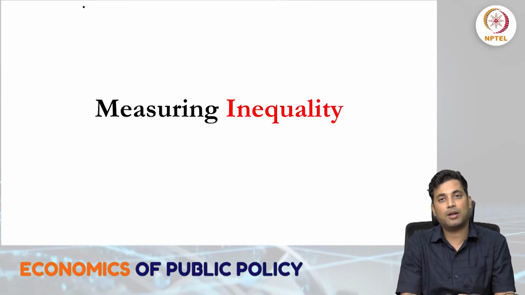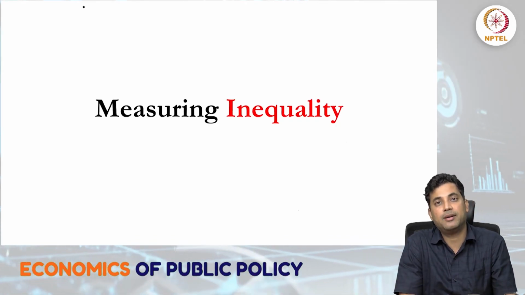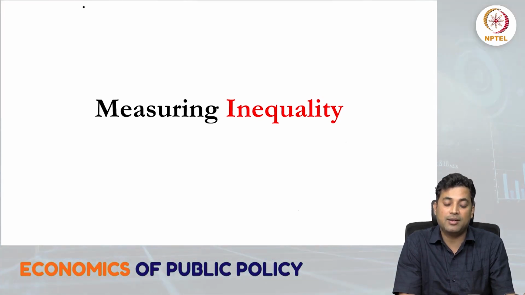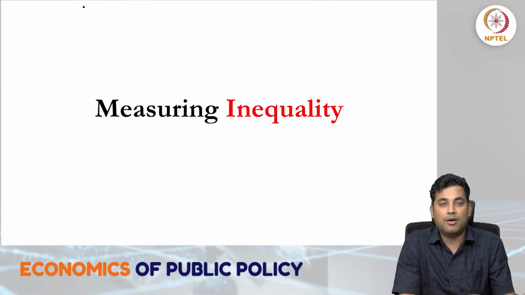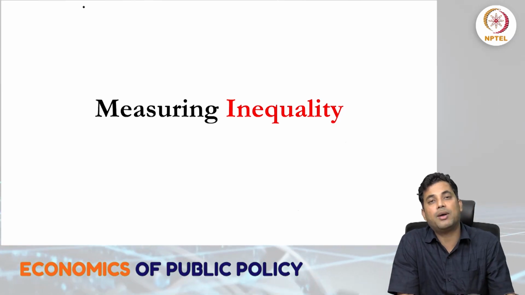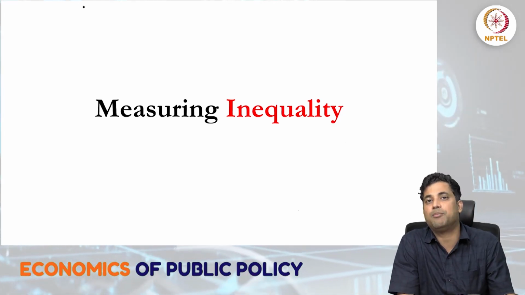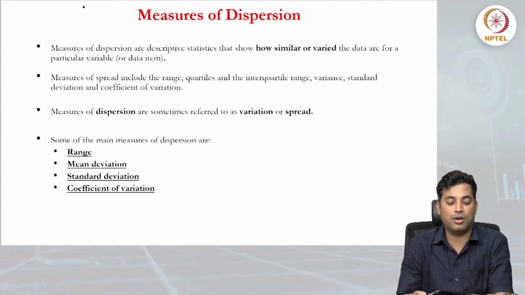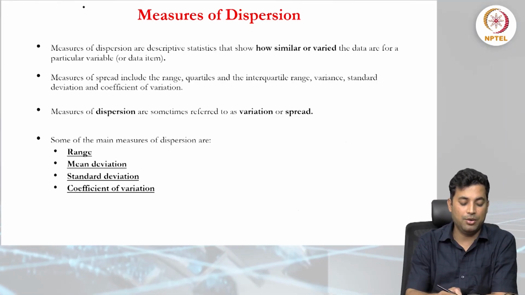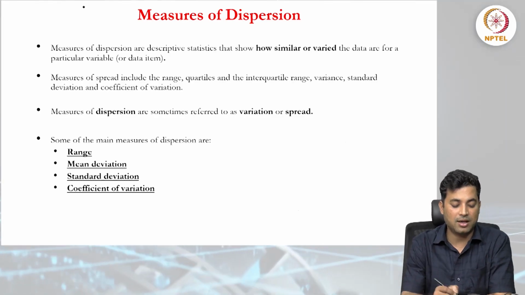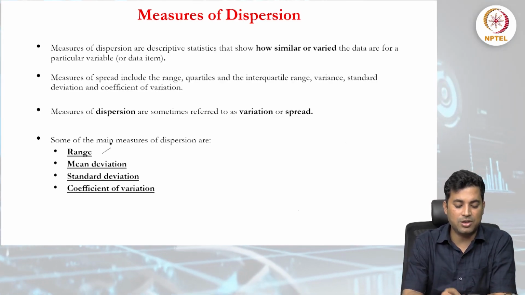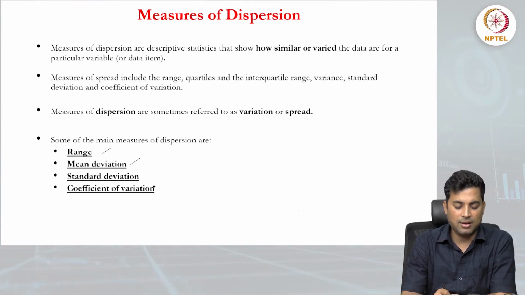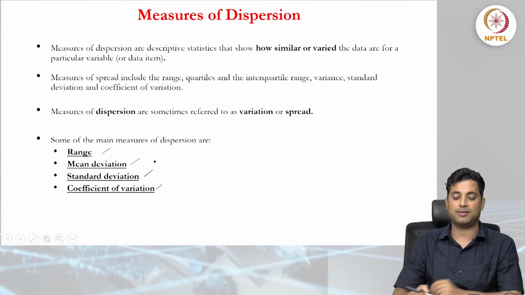Now of course poverty is important, but to identify the problems and the methods to address them is also important, and here inequality becomes one of the very important tools. We all know the measures of dispersion, which are statistical measures such as range, standard deviation, mean deviation, and coefficient of variation.